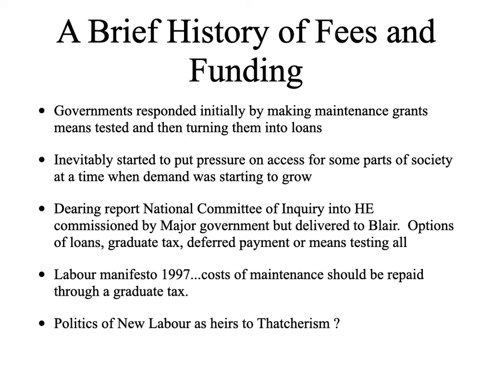Important to bear in mind in thinking about what happened subsequently, that the politics of New Labour, as it had been rechristened by Blair, Brown and Mandelson at the time, positioned the late New Labour government of 1997 more as the heirs to Thatcherism, perhaps, than the heirs to socialism. It had been felt that Labour had to show to people that it had the same level of responsibility to tax and spend as Conservative governments.